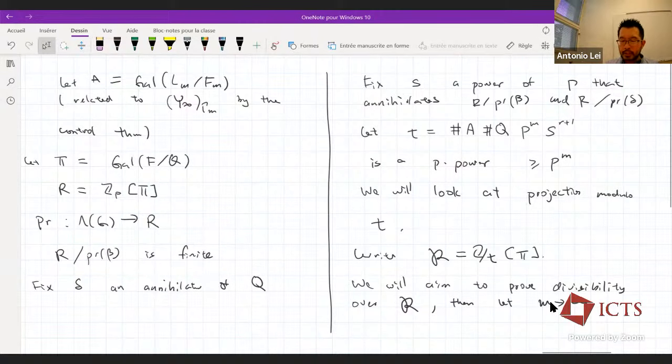So once you let M go to infinity, the pi would become closer and closer to my G, and Z mod T will become closer and closer to my Z_p. So this is how the proof that I want to present to you goes.